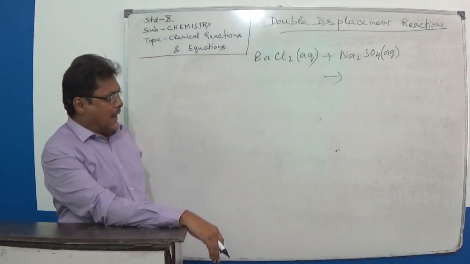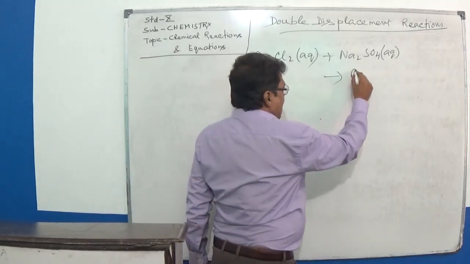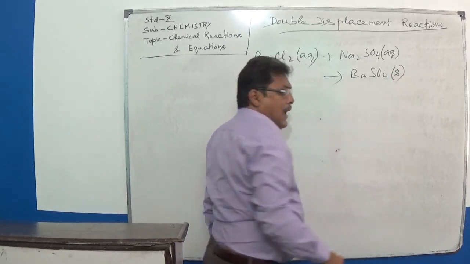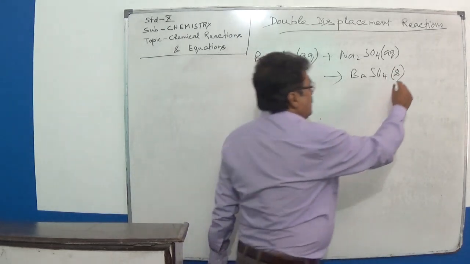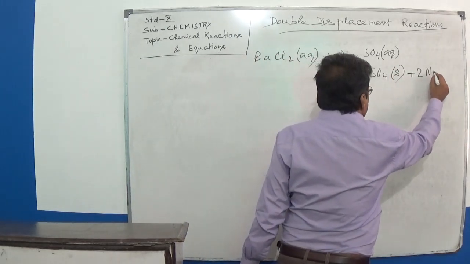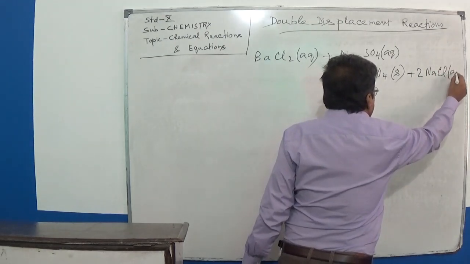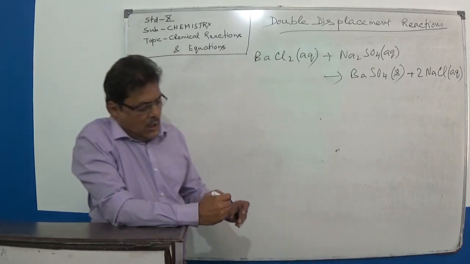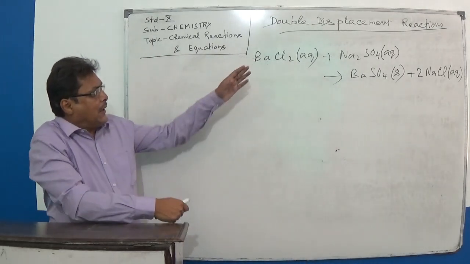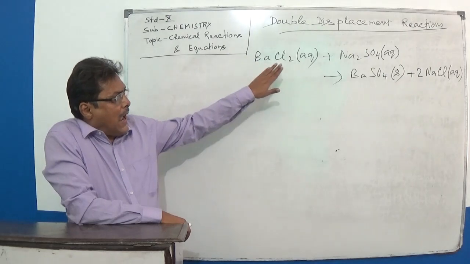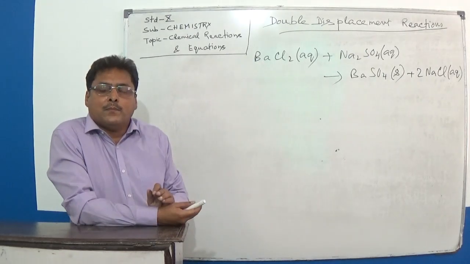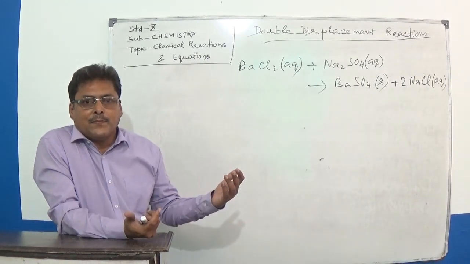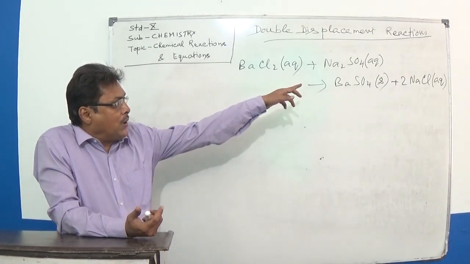What happens is that barium sulfate along with sodium chloride aqueous solution is formed. If you look at it, barium and sodium exchange themselves in their respective compounds.